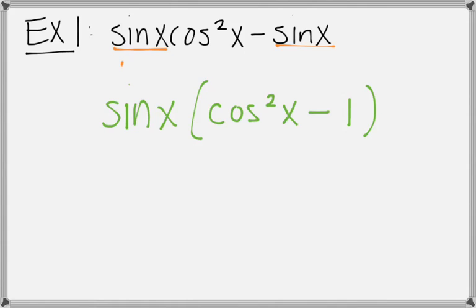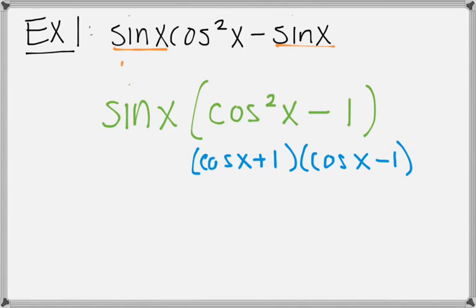We should simplify the cosine part into cosine x plus 1 and cosine x minus 1. Okay, so if we change this to cosine of x plus 1 and cosine of x minus 1, that is factoring a difference of squares, so that's allowed. But where would we go from there?